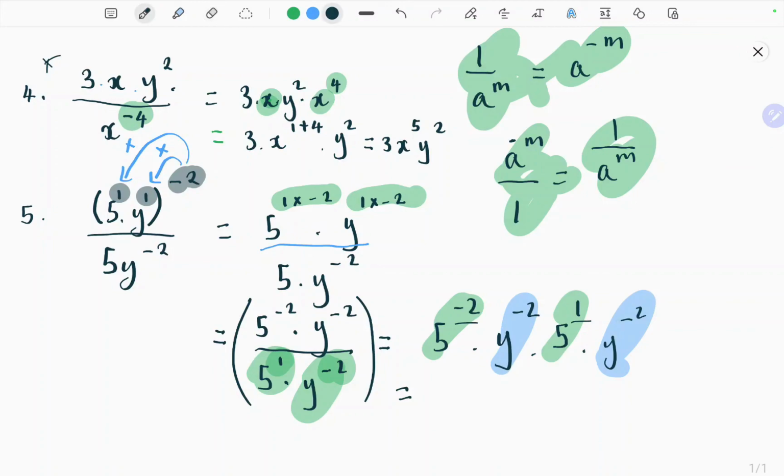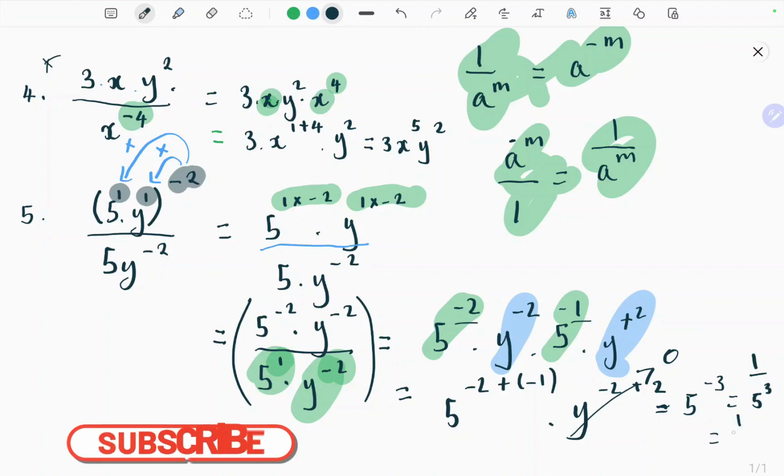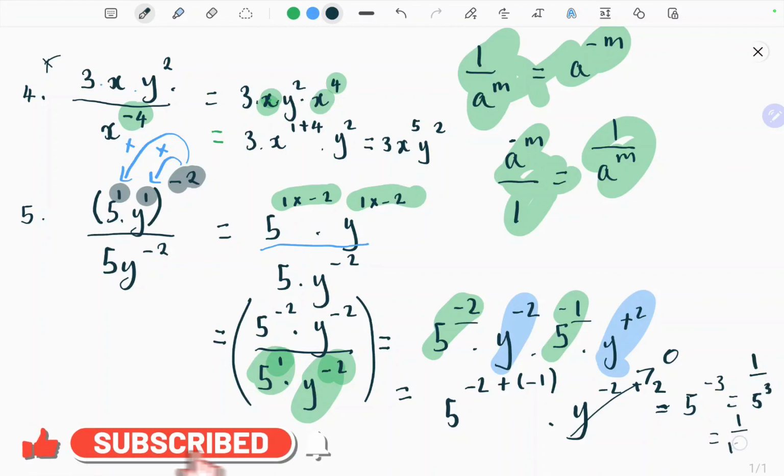So this is supposed to be +2 because I brought it up, and this was supposed to be -1. So now we can just add them. So it's 5 to the power of -2 plus -1 and y to the power of -2 plus 2. So this here is 0. So we are left with 5 to the power of -3, which is 1 over 5 to the power of 3, which is 1 over 125.